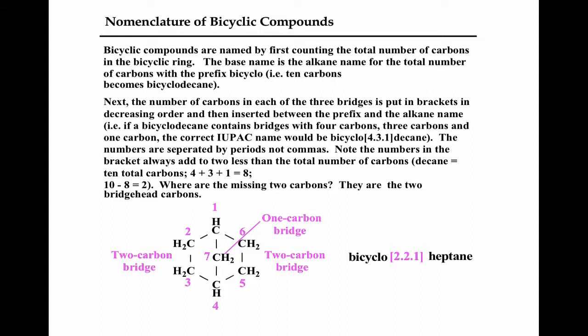Octane. Yep, because I've got 8 total carbons, right? So it's going to be an octane parent. And I've got a 2-carbon bridge, a 2-carbon bridge, and a 2-carbon bridge. These are my bridgeheads. So it's bicyclo[2.2.2]octane. Okay.